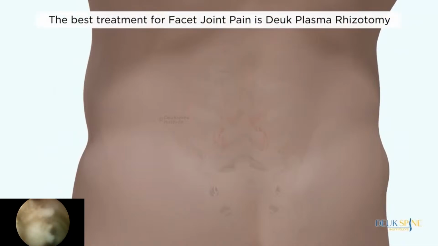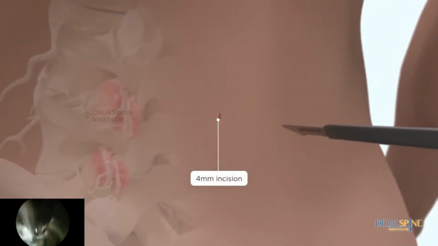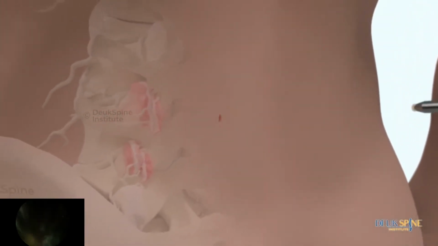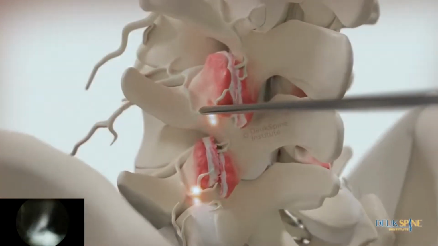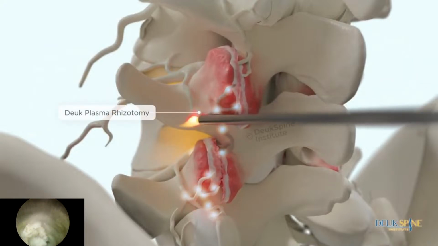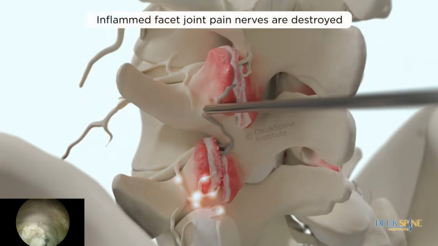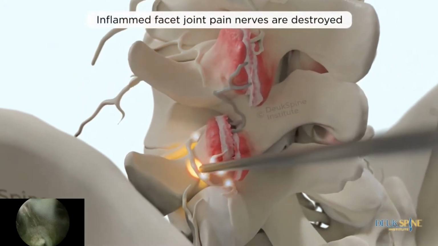The best treatment for facet joint pain is the Duke plasma rhizotomy. Inflamed facet joint pain nerves are destroyed.